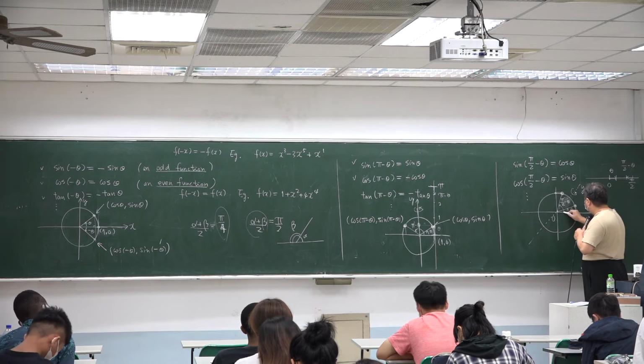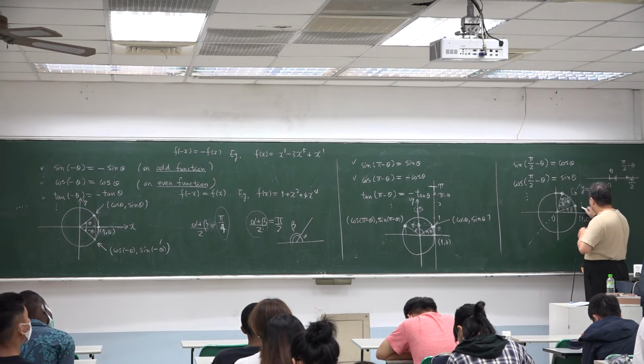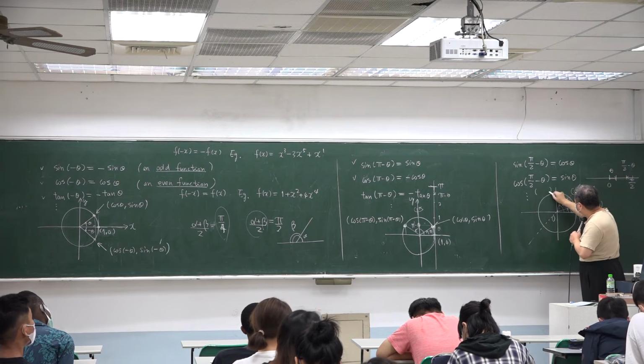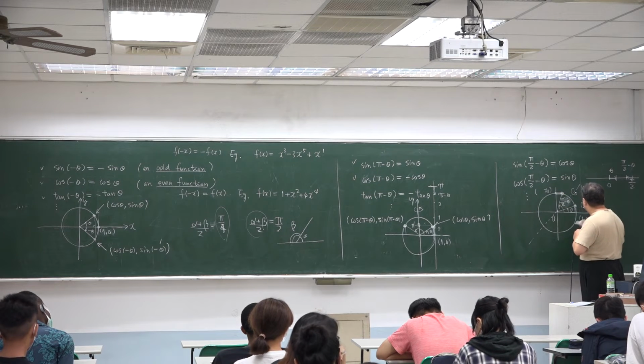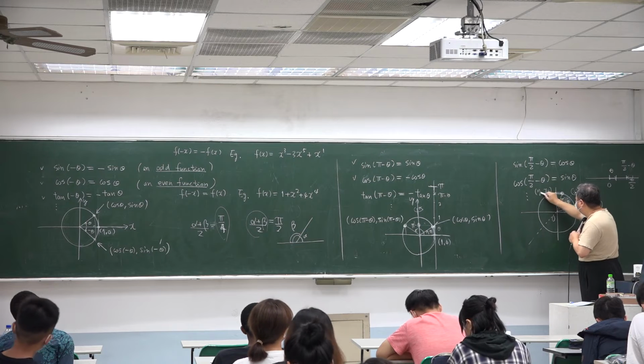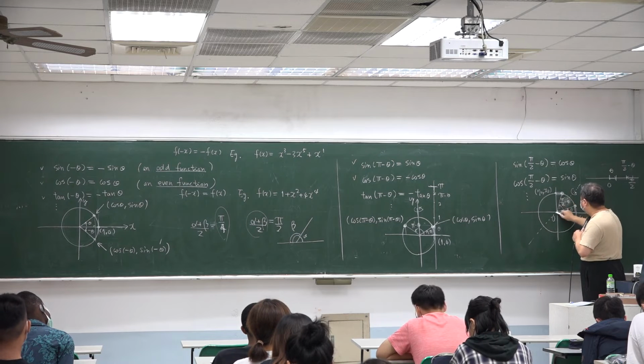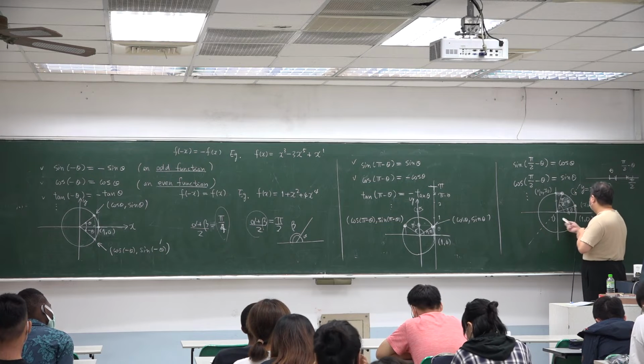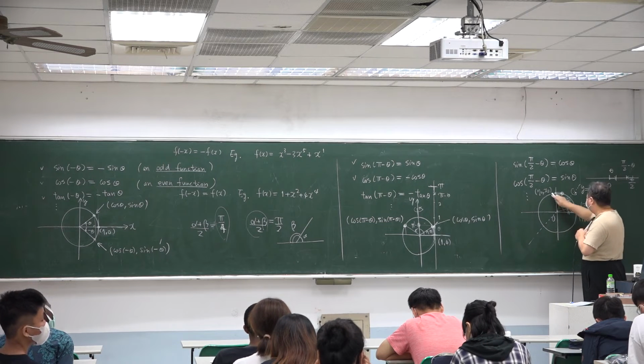Because this one equals this one, and then this one equals this one, horizontally becomes vertical.